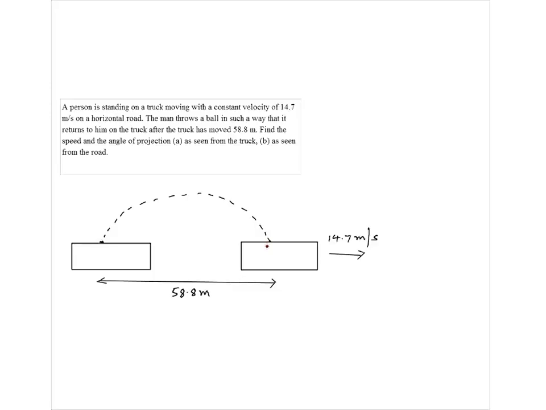So that is only possible if 14.7 does not become 15 or 16 or 17 for the ball. It remains 14.7 only. That means you should not give it a horizontal push at all. Zero horizontal push should be given. If at all, you want to give it a vertical push, so that the person is able to catch the ball.